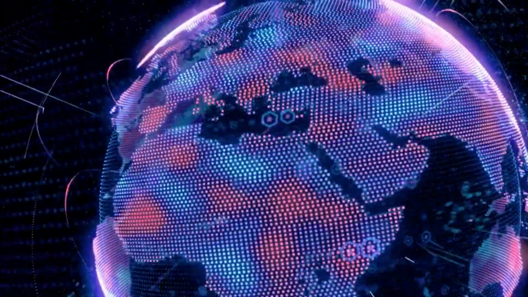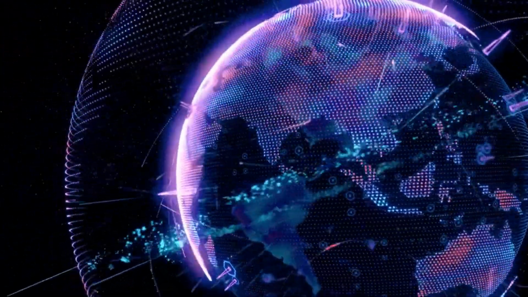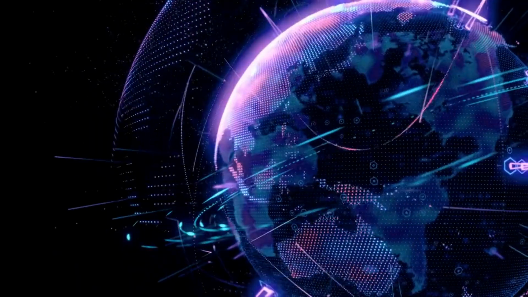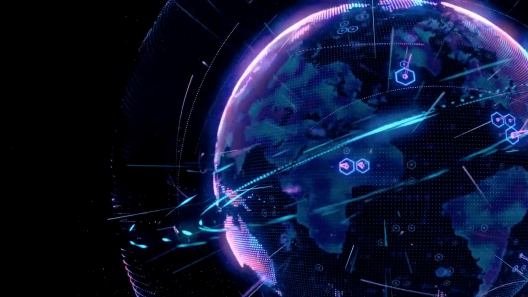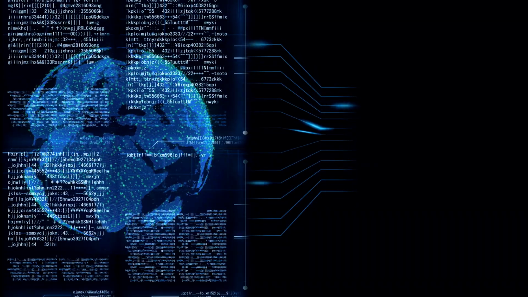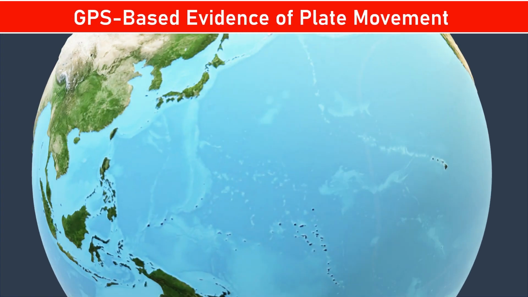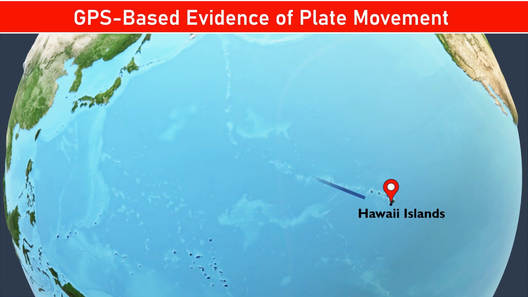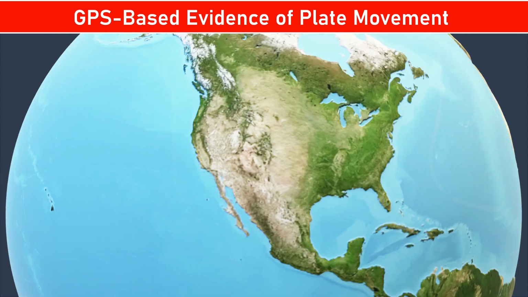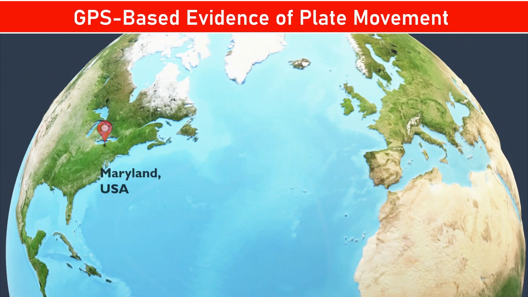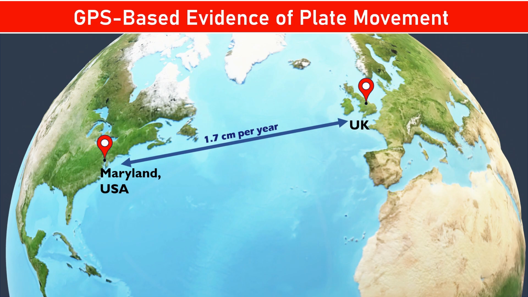To determine how a tectonic plate is moving, scientists repeatedly survey the same site over many years. Calculations from this technology show, for example, that Hawaii is drifting northwest, toward Japan, at about 8.3 centimeters per year. Another GPS site in Maryland is moving away from one in England at 1.7 centimeters per year.